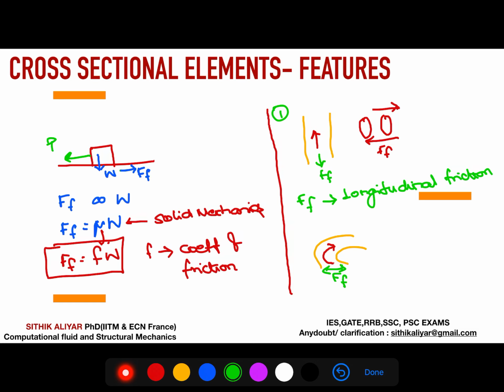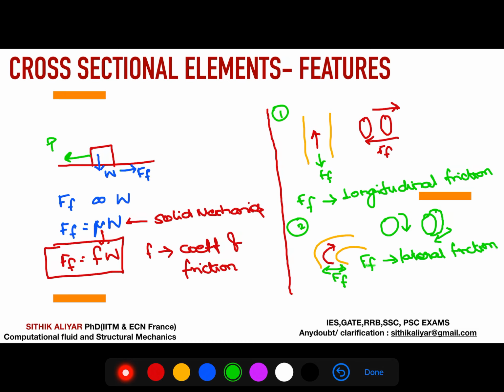The wheel obviously will also move in this direction, and also the wheel will try to move in this direction also. Okay, so this type of friction is called lateral friction. So I hope you try to imagine there are two types of friction we are going to see in highway engineering. When the vehicle is moving straight, it is longitudinal friction. When the vehicle is trying to move in a lateral direction or in a horizontal curve, it is lateral friction.